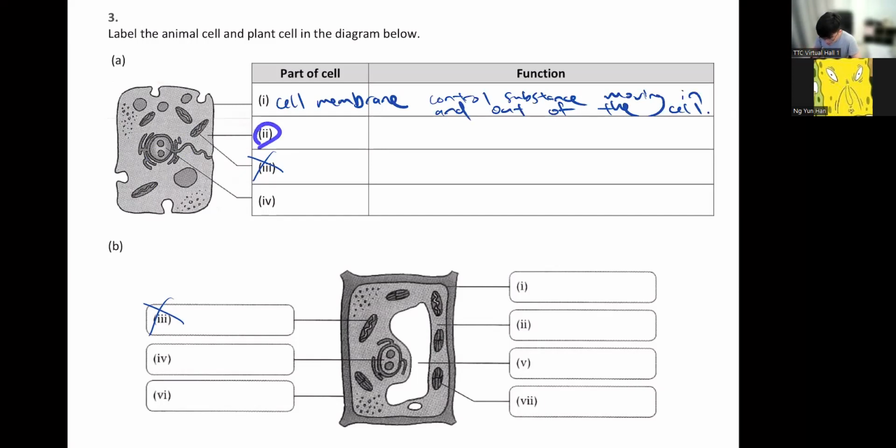And then number 2, this whole white color part here, they are the worker. The worker is called cytoplasm. So these are the workers. They do all the biochemical reactions.